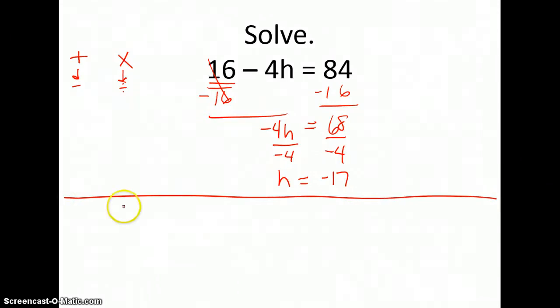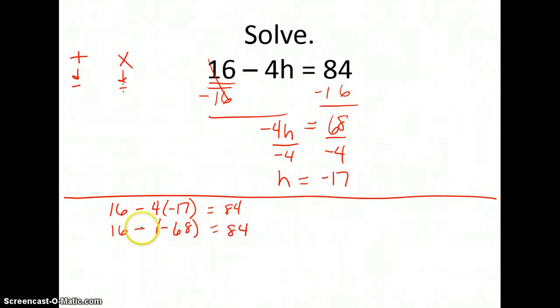So, let's check it to see if this really does work. 16 minus 4 times negative 17 equals 84. So, I can think of it as 16 minus 4 times negative 17, or plus negative 4 times negative 17. And let's treat 4 like a positive in this case, and I'll show you what we're talking about. So negative 17 times 4 is actually negative 68.